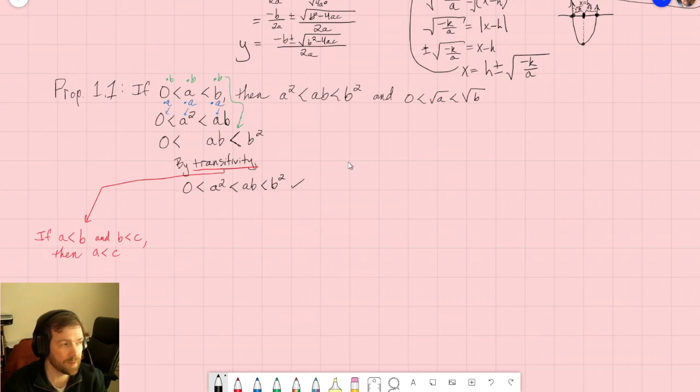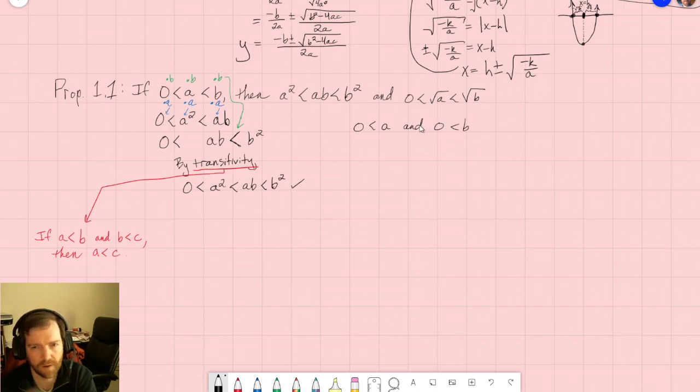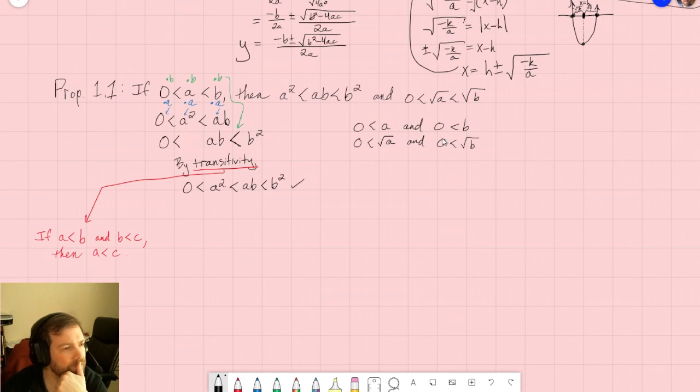Was that it, compound? Zero is less than a and 0 is less than b. Take the square root of both sides. 0 is less than square root of a and 0 is less than square root of b. Is it compound? Is that the C word we were looking for?